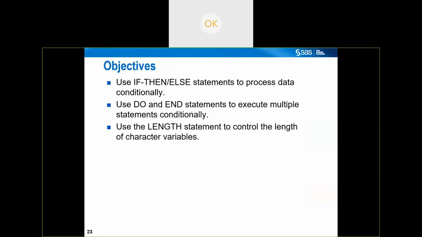In this topic, we will discuss how to use the if then else statement to process data conditionally, use the do and statement to execute multiple statements conditionally, and use the length statement to control the length of character variables.